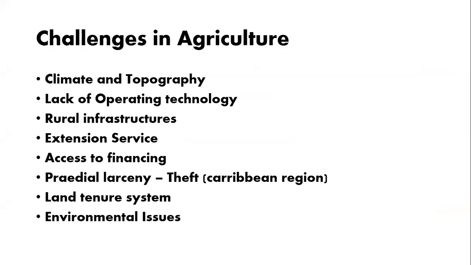These are a few challenges in the Sri Lankan agricultural sector we are facing. One is climate. Climate means climate change as well as natural climate. We know Sri Lanka is a kind of hotspot in climate impact. Production is highly impacted due to the climate.